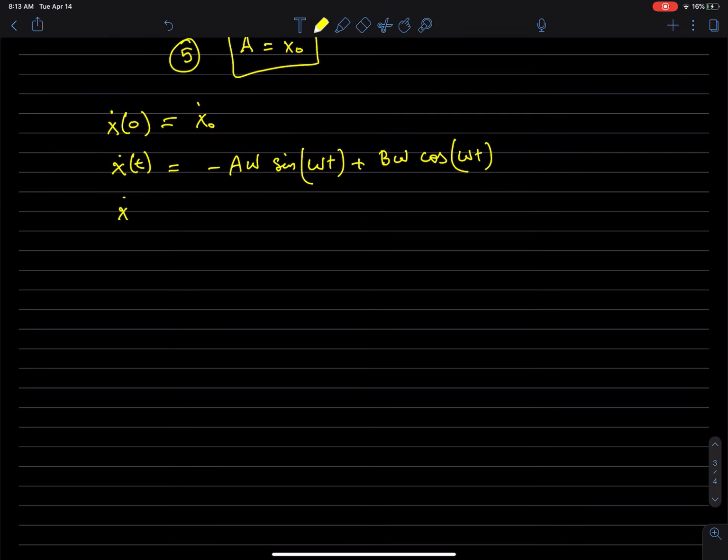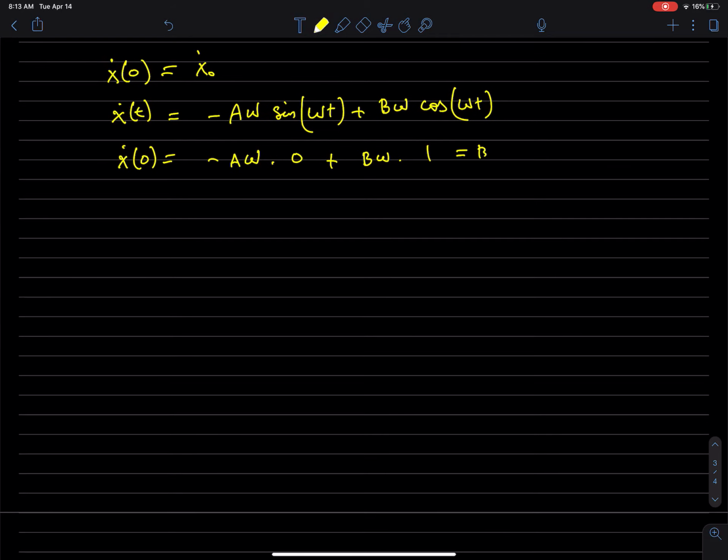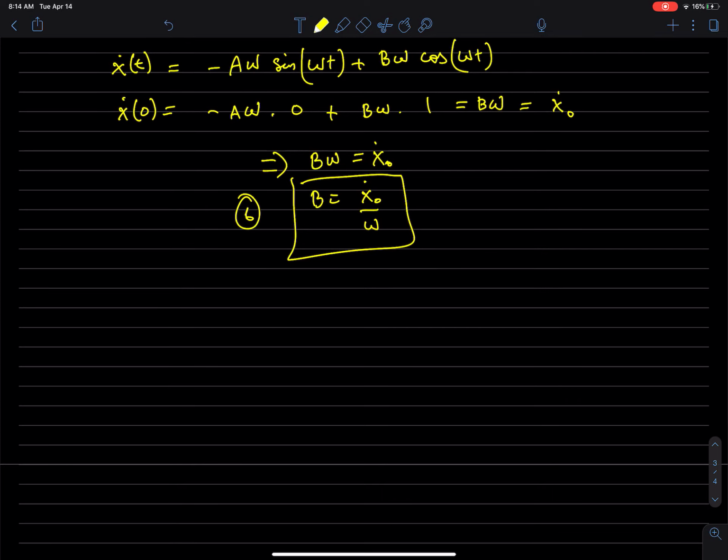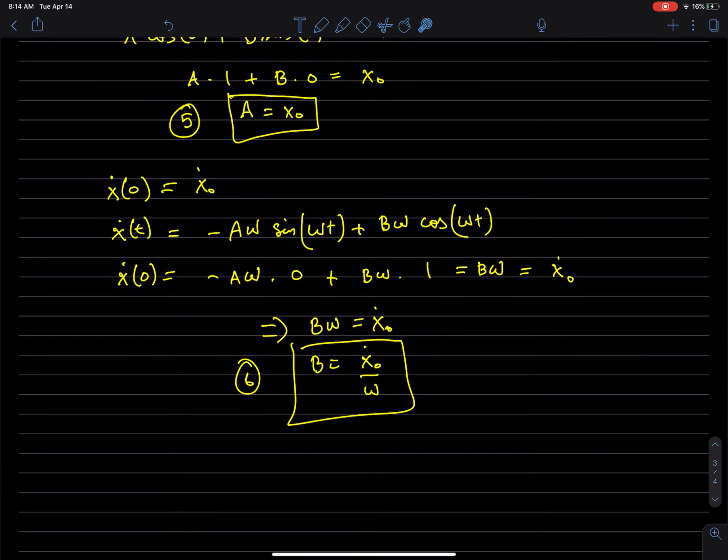And then we plug in t equal to 0. So you get minus a omega times 0 plus b omega times 1. So this is equal to b omega, and the whole thing is equal to x naught dot. So b omega equals x naught dot, or b equals x naught dot divided by omega. Okay, so that's equation 6.